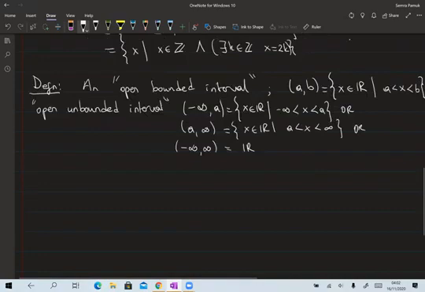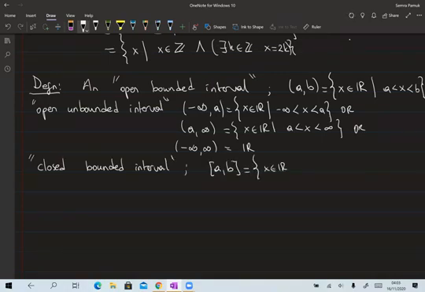And then the closed bounded interval. We use square bracket notation: X in R, real numbers, such that X is between A and B. Of course, I forgot to write that when I say A, B, A is less than or equal to B. We should always assume that. Okay, what else? Closed unbounded.